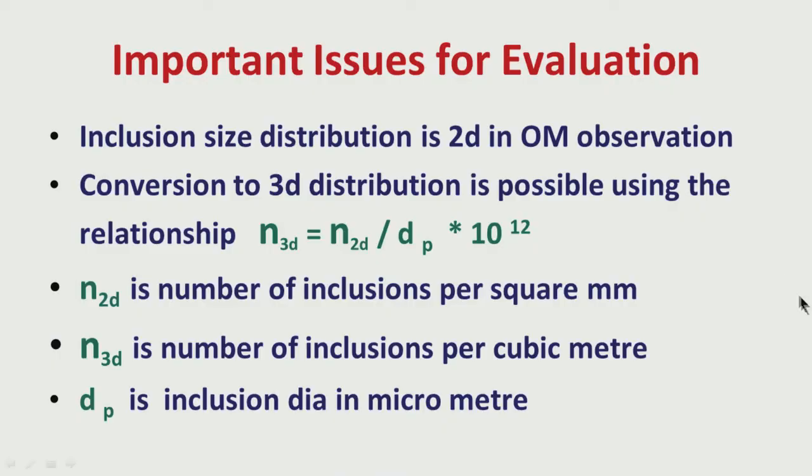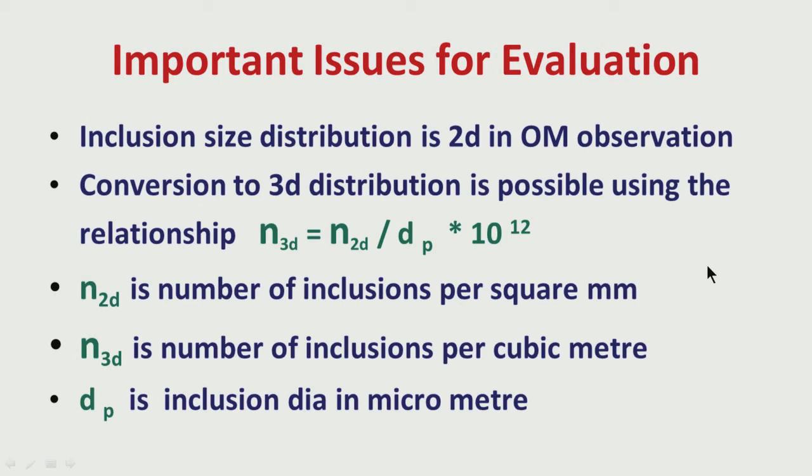First, I have told you that when you are evaluating micro inclusions, or any inclusion, under an optical microscope, what we are getting is basically a two-dimensional image, because we are looking at a surface. Maybe we have to look at 100 surfaces to get an average, but still it is a two-dimensional surface.